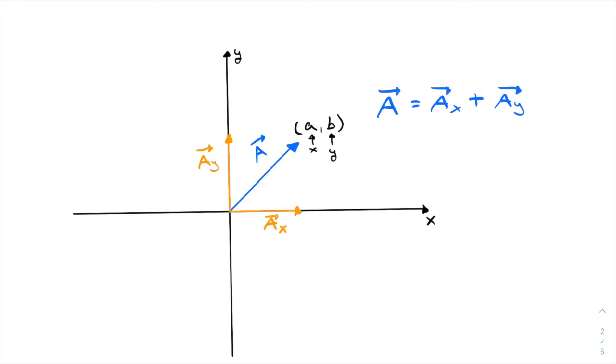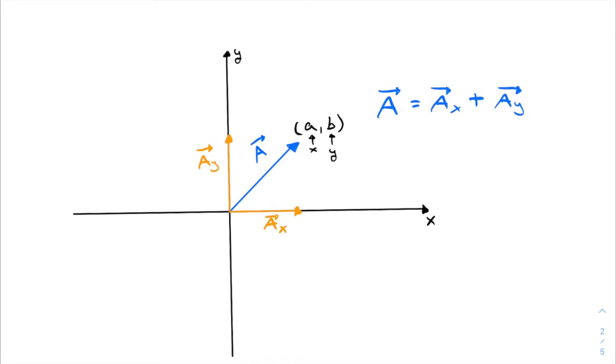Therefore, mathematically, we can write the vector A as the sum of the vector A in the x-coordinate and the vector A in the y-coordinate. So this means that to describe the vector A, we only need two numbers. These two pieces of information are what we call the components of a vector.